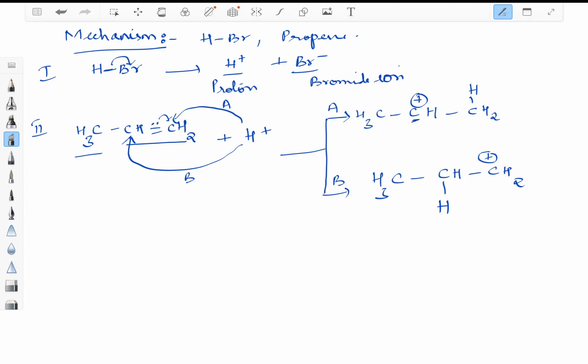You have to now have this basic understanding: when you are going by this A step and B step, we are going to generate two types of carbonium ion. Is this carbonium ion? Yes, because this carbon has three bonds with positive charge, and this carbon also has three bonds with positive charge, so this is also carbonium ion.